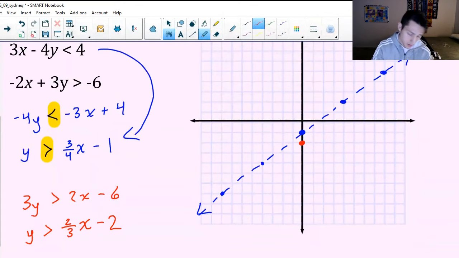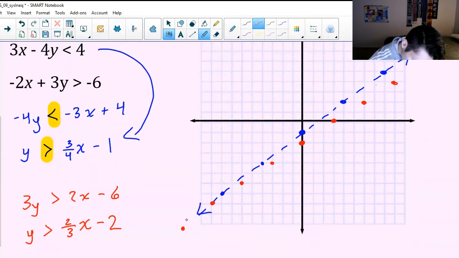So from -2, up 2, right 3, up 2, right 3, or conversely, down 2, left 3, down 2, left 3.